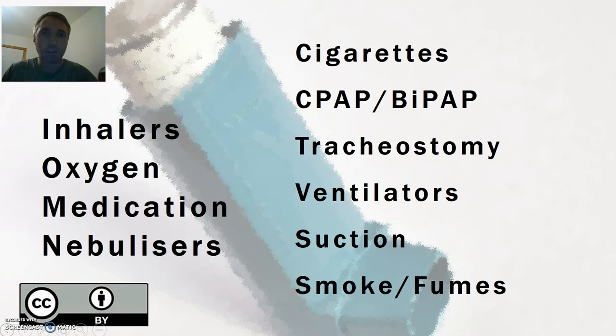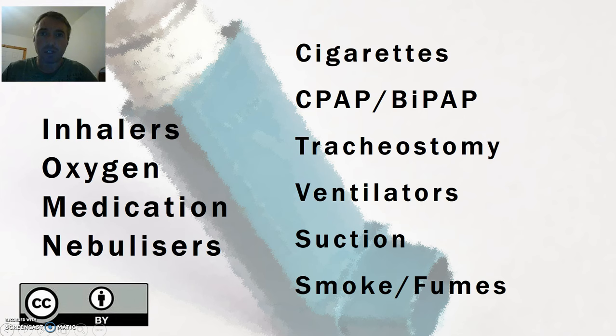Some of the things that you could see when you come across these patients: you could see some inhalers beside their bedside or in their pocket. You might see some home oxygen. You might see some medication. You might see a nebulizer machine. You might often see cigarettes, or inhalers even on top of cigarettes.